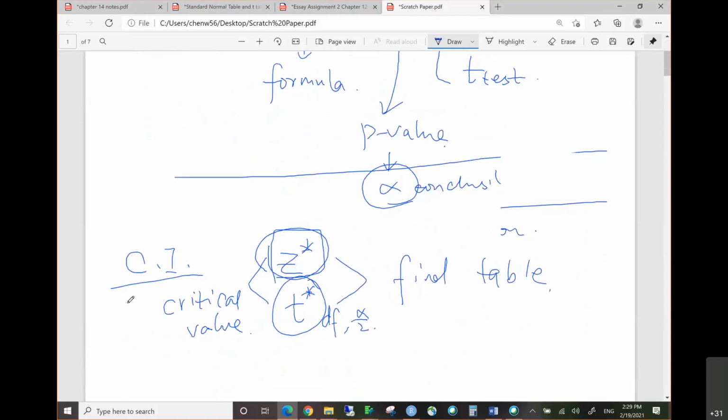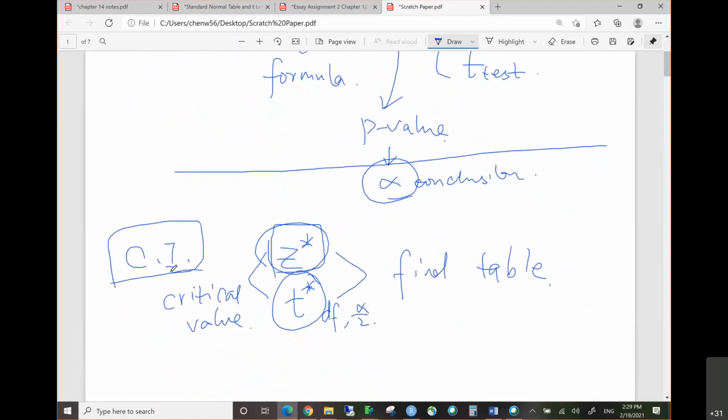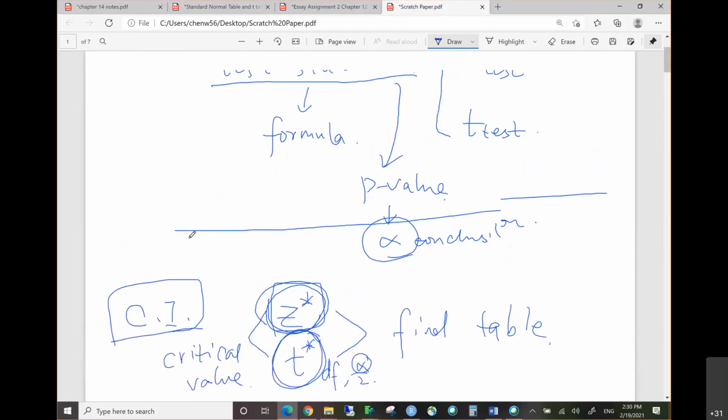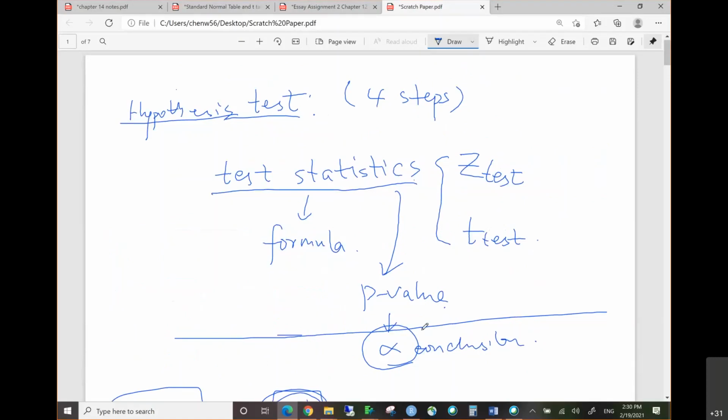That means when you calculate the confidence interval, you need the Z star or T star, you need the alpha level, you need the confidence level. But for the hypothesis test, until the last step when you want to make the conclusion, you do not need the alpha.